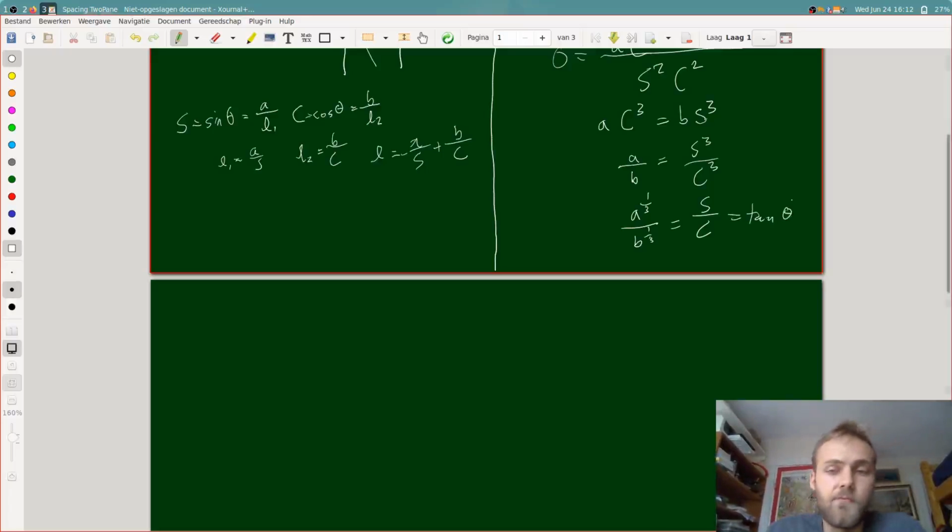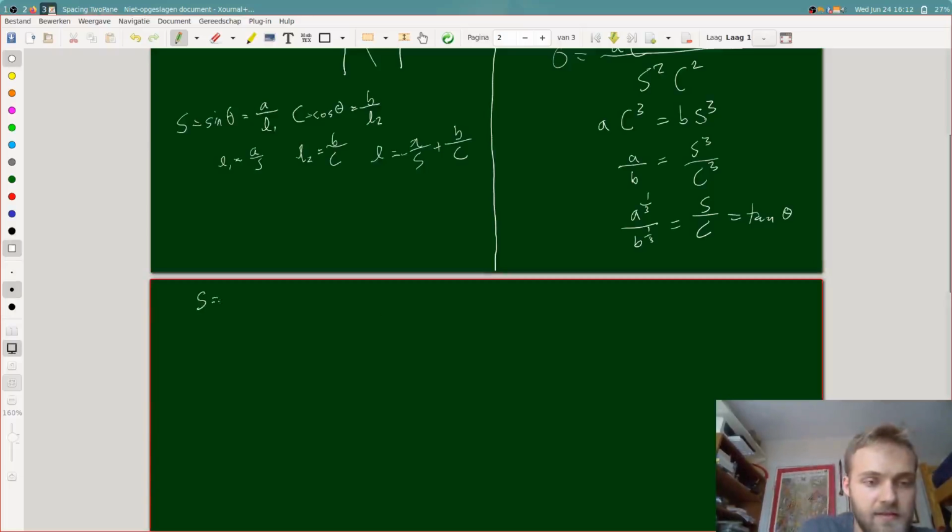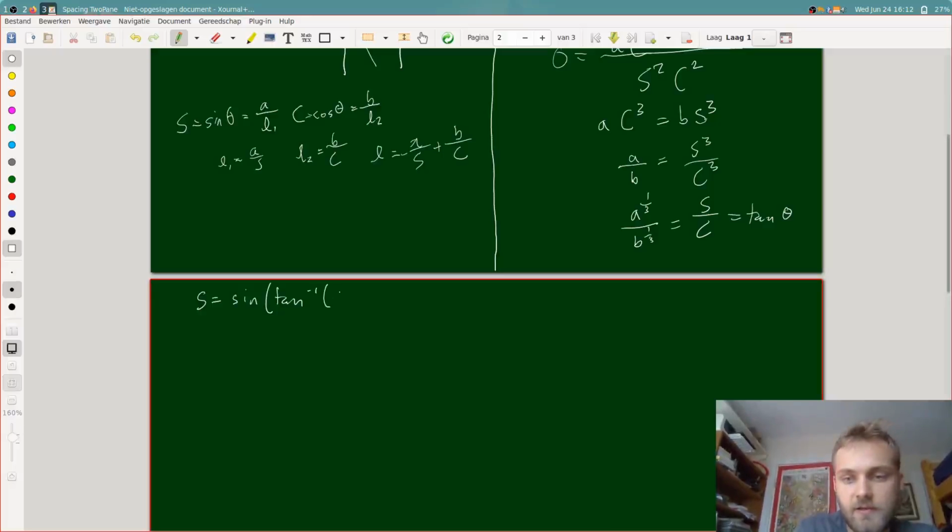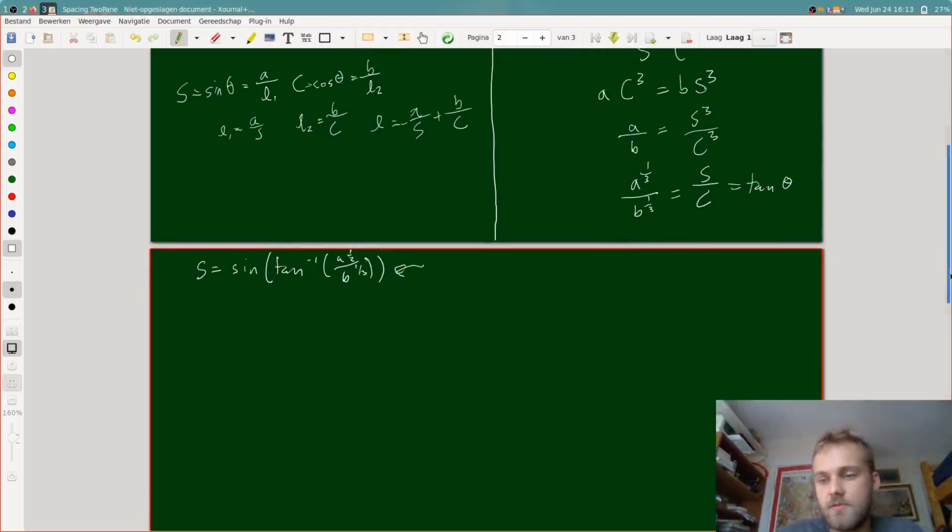Now, we could use this to get S equals sine of tan inverse of A to the 1/3 over B to the 1/3, but I can never remember formulas for the inverse trigonometric identities.